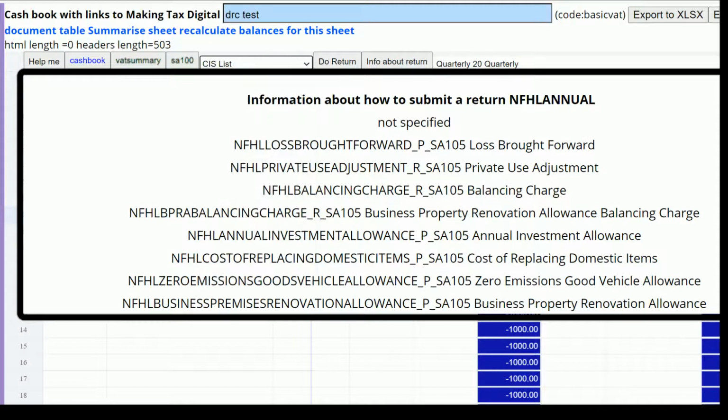Now, for CIS, there's a complication because HMRC know if you're paying CIS, who you've paid, and they may have different information stored to that which you have. So you only actually have to send a submission if the information differs.